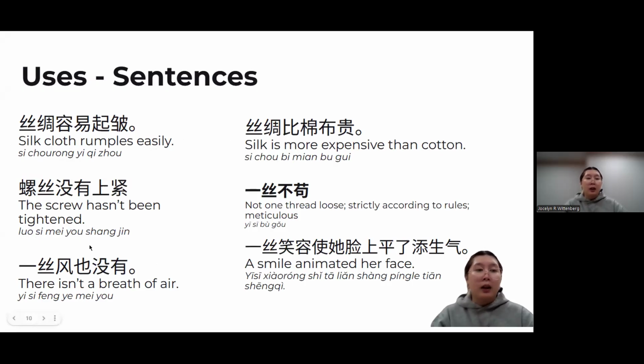The next one is: the screw has been tightened, and as mentioned earlier, we have that screw word. And the next one is: there isn't a breath of air. In this sense it's like there is a little bit, so it's more of an abstract meaning in this case.